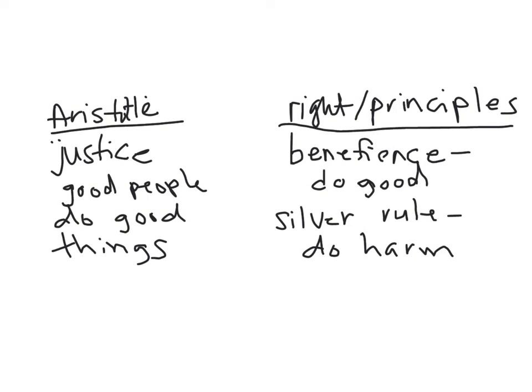In this case, you would be violating both of those principles if you execute this innocent person. You're doing that innocent person harm, and when you do people harm, typically you're not willing them good either. I think in a principles-based ethics, you'd have to say that no, you shouldn't kill the innocent person.